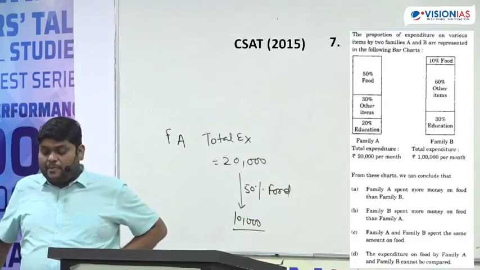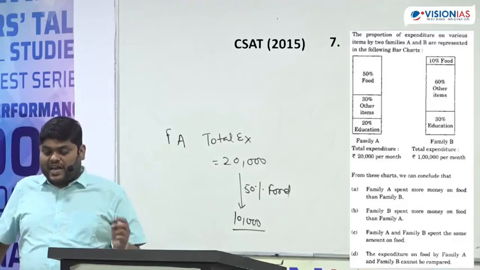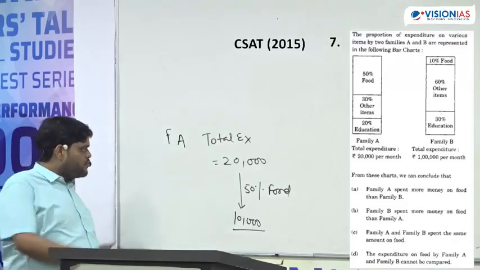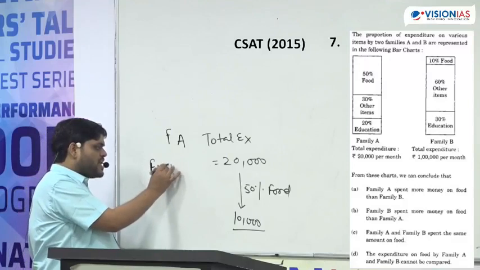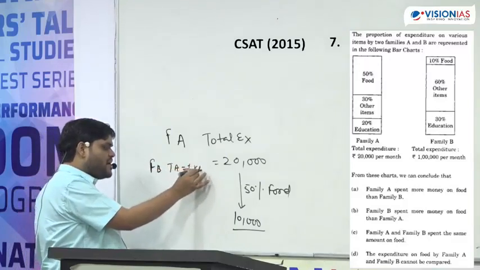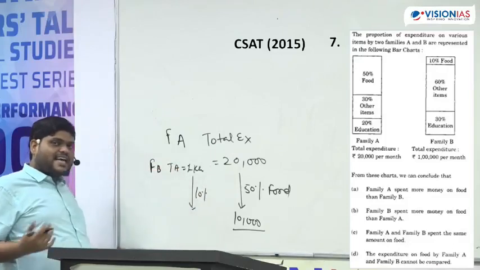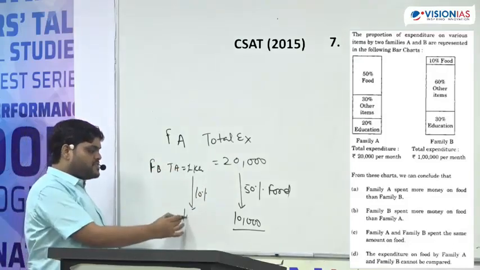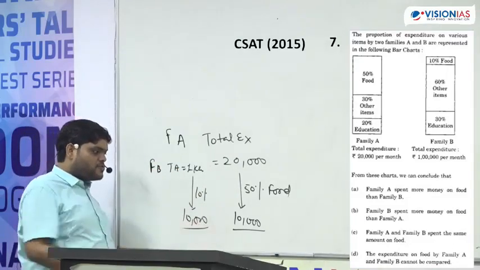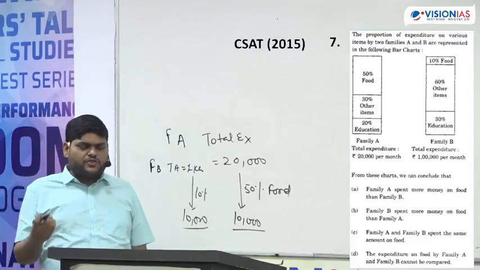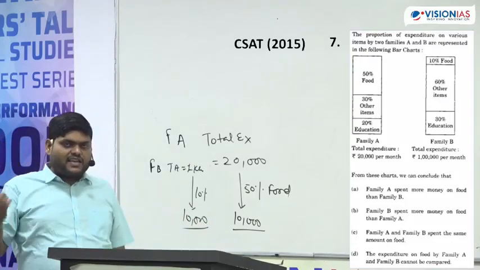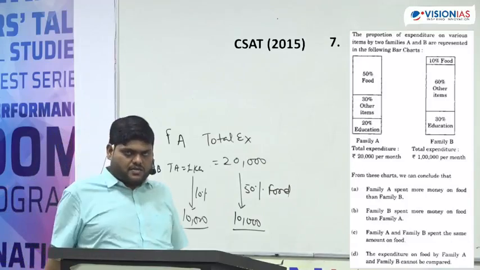Whereas family B total expenditure is 1 lakh rupees, and out of this family B is spending 10% on food. That means this is also 10,000 rupees. This is like comparing a very rich person and a very poor person.